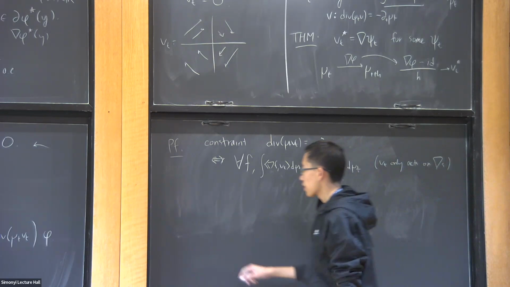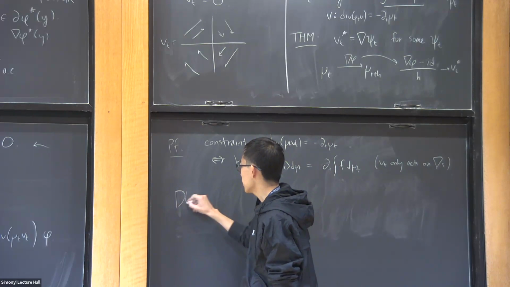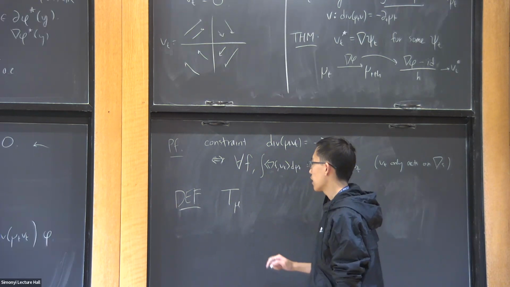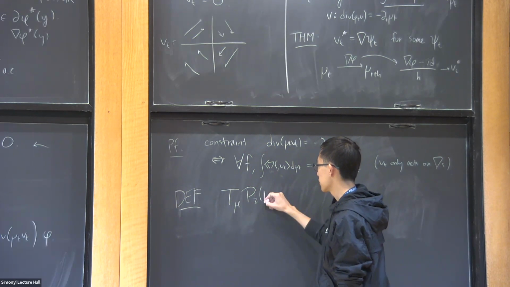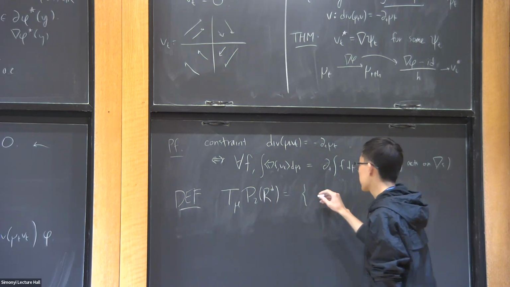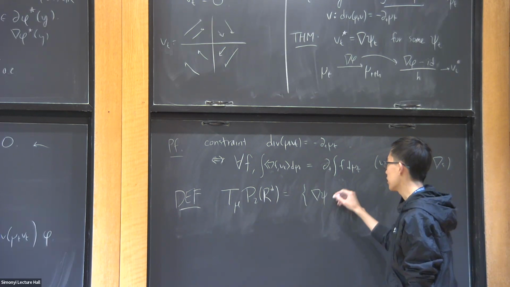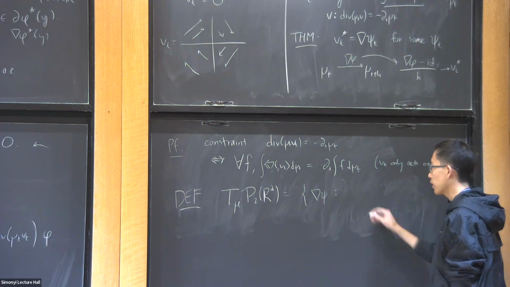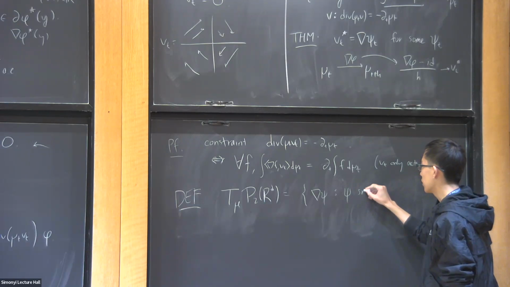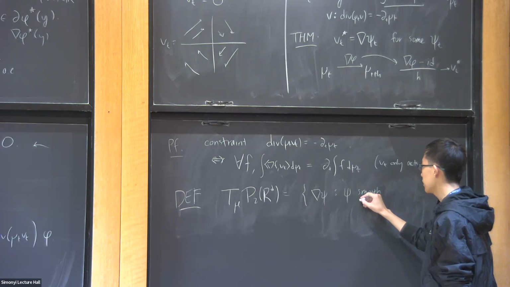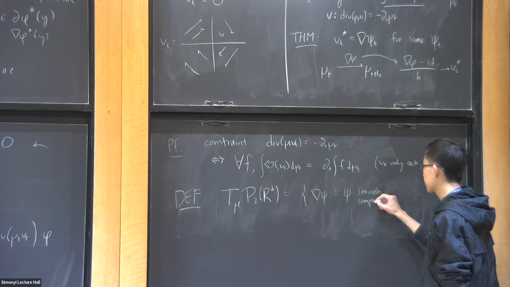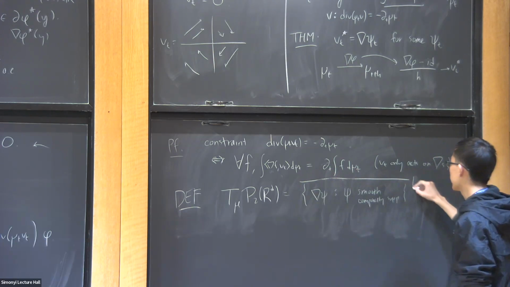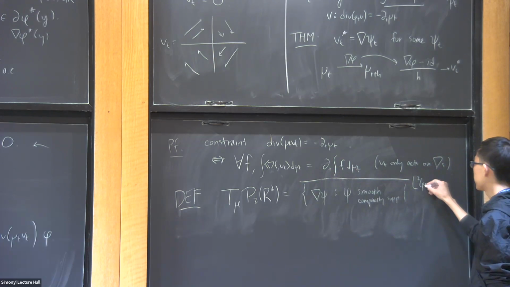Okay, with that as motivation, we can now define the tangent space. The tangent space at a measure mu to the space of distributions is going to be all gradients of functions. For technical reasons, the way you might make this precise is that I start off with a nice class of functions, like smooth, compactly supported, and then I take the closure of this space with respect to the L2 mu norm.